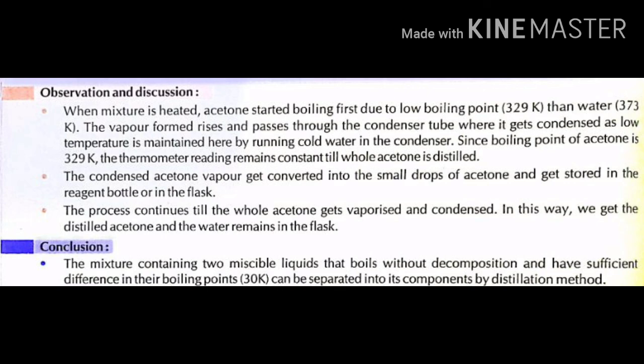The condensed acetone vapor gets converted into small drops of acetone and gets stored in the reagent bottle or in the flask. The process continues till the whole acetone gets vaporized and condensed. In this way, we get the distilled acetone and the water remains in the flask.